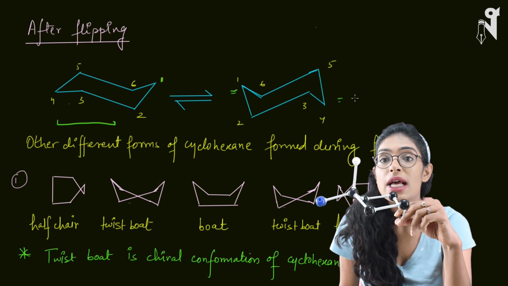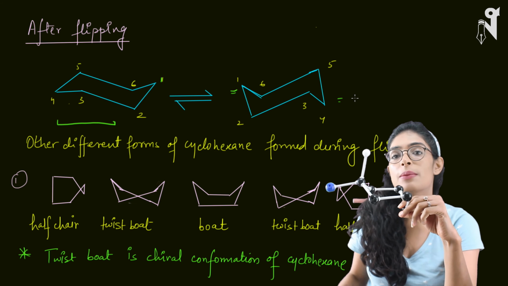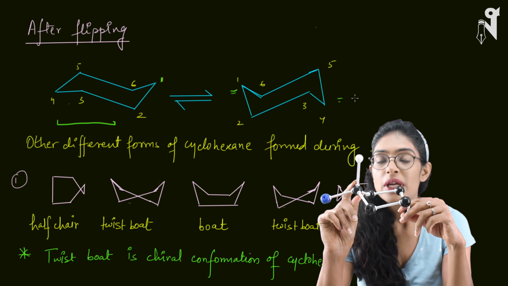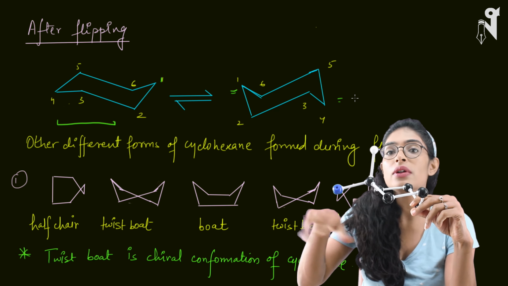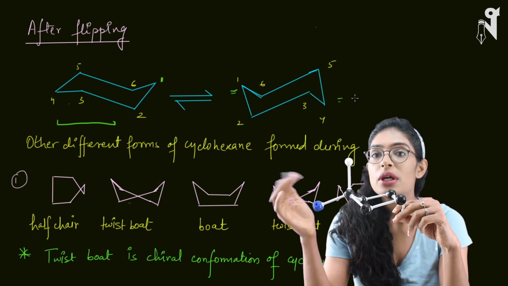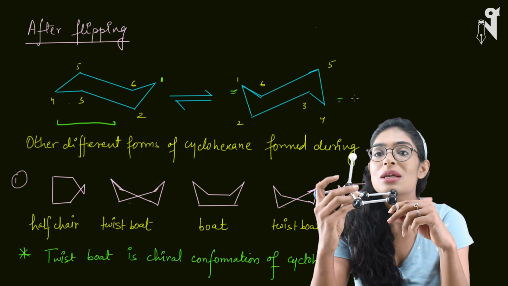We have to understand the flipping because the chair keeps on converting from one form to another, and whatever intermediate forms get formed in between are also unstable conformations.